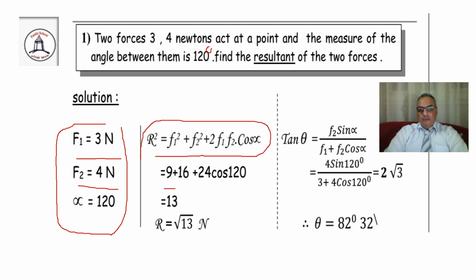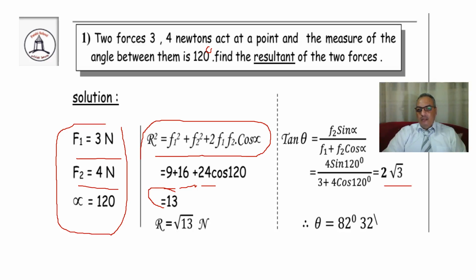Substitute F1 square, F2 square, 2 F1 F2 cosine 120, using the calculator. R equals root 13 Newton. Tan theta equals F2 sine alpha over F1 plus F2 cosine alpha, which is 4 sine 120 over 3 plus 4 cosine 120, equals 2 root 3.